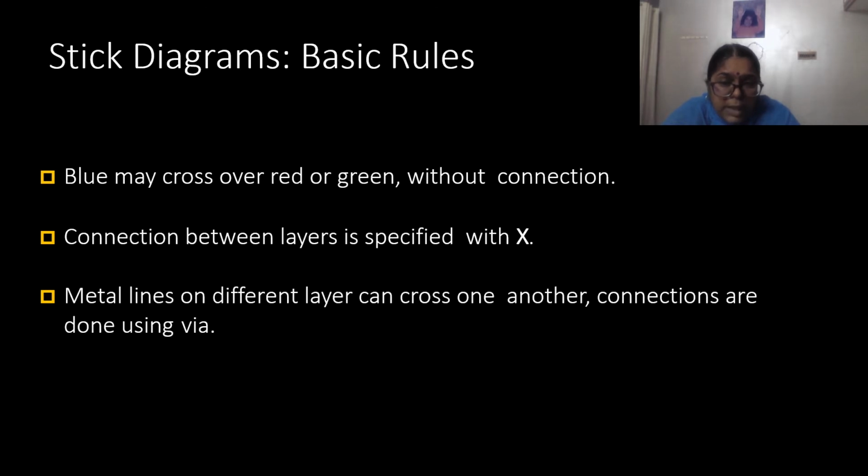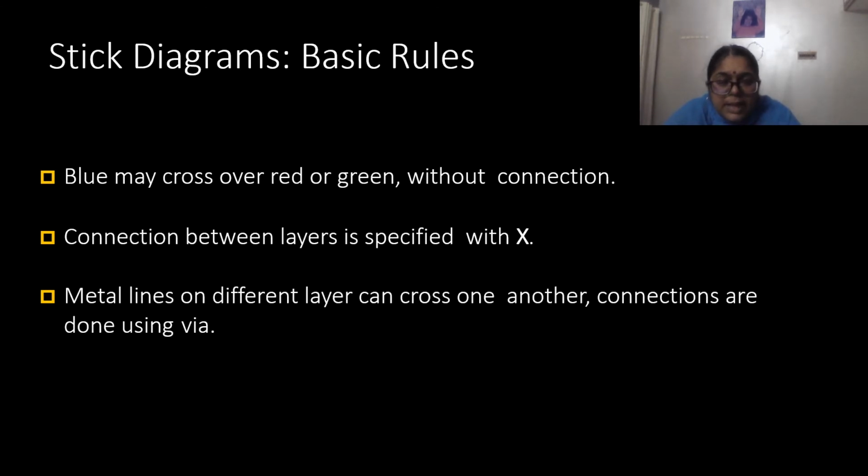So when the blue layer crosses the red layer or green layer, it does not indicate that a connection is there. We know the blue layer is meant for metal, the red layer is meant for polysilicon, and the green layer is meant for N diffusion. So when the blue layer crosses polysilicon or N diffusion, there is no contact.